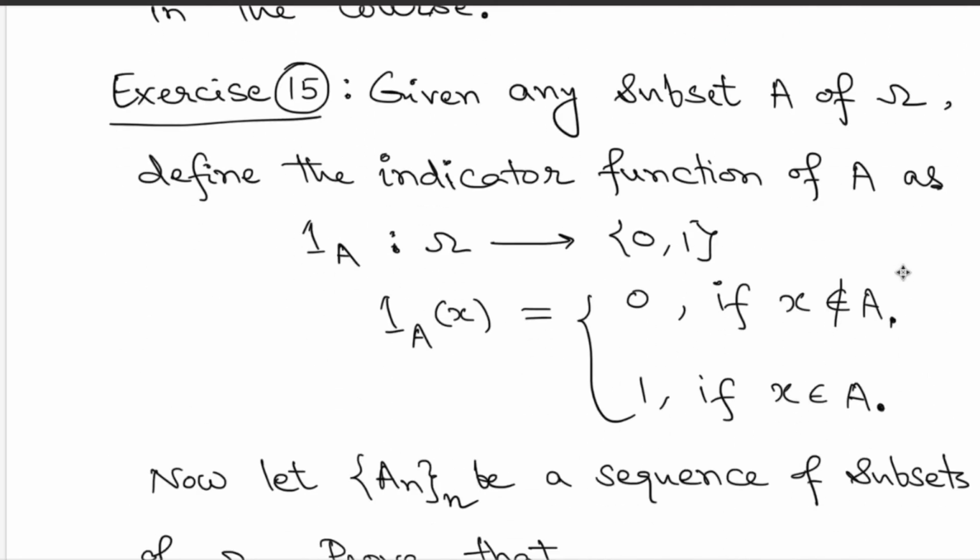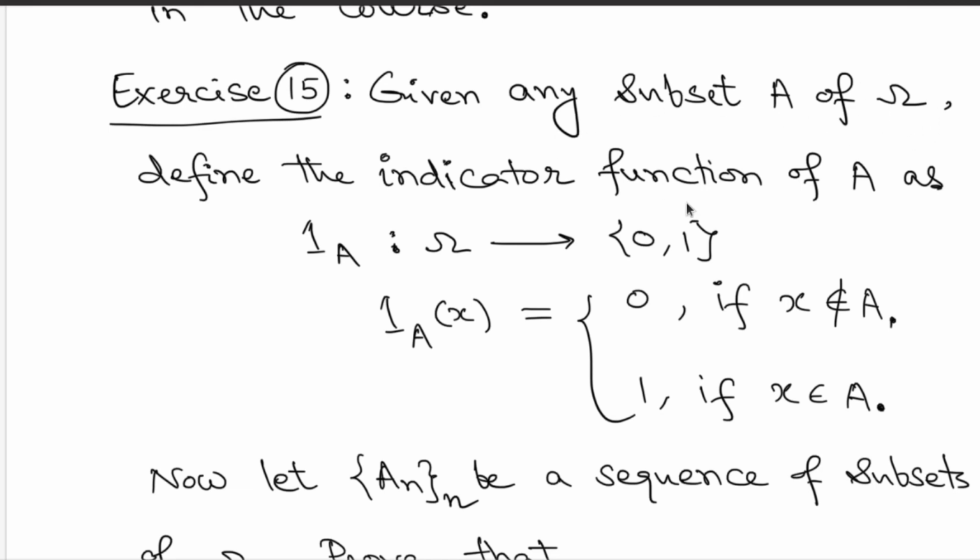So in this regard, there is an interesting connection with the usual notions of limit superior and limit inferior that we have seen for sequences of real numbers. That connection involves indicator functions of sets. So what are these? Take any subset A of Omega, a non-empty set.